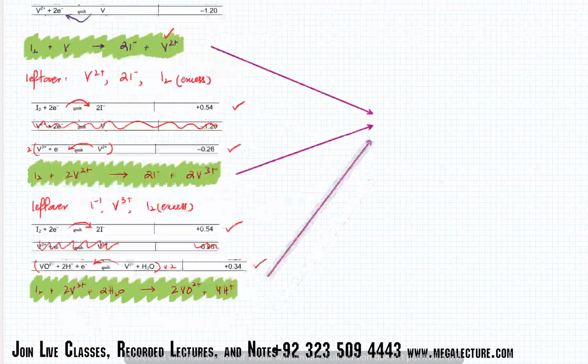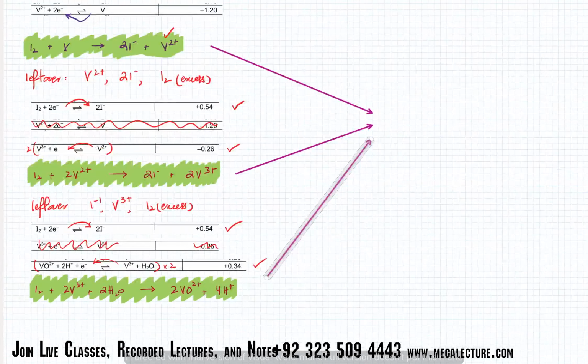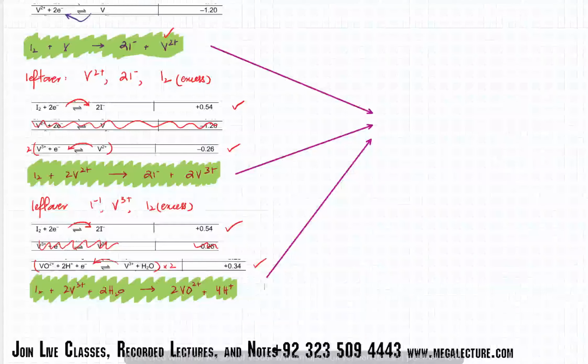So I'm just going to add all 3 reactions. तो तीनों को add करो तो it's going to be iodine, iodine, iodine. So I think there's, so why is there three iodines, right? Things that appear on both sides will get cancelled out.